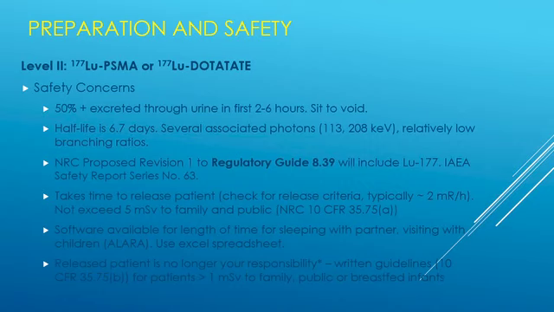And so what we do often in the United States is that we release them relatively early, and we give them instructions in terms of, well, in order to reduce the amount of exposure to your caregiver, we're going to give you a length of time that you can't sleep with the partner. We're going to give you a length of time that you cannot visit with your children. You can use an Excel spreadsheet for that. Some software is available.